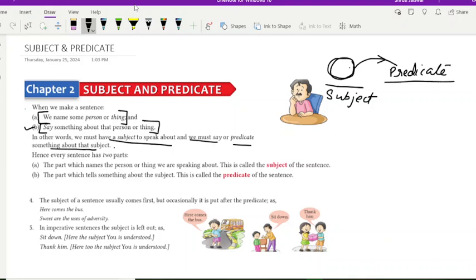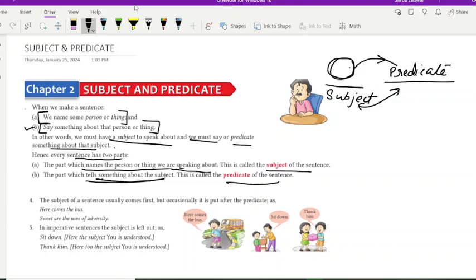So we have subject as well as predicate in English grammar. Hence, every sentence has two parts. The part which names the person or thing which we are talking about is called the subject of the sentence, right? And the part which tells something about the subject is called the predicate of the sentence.